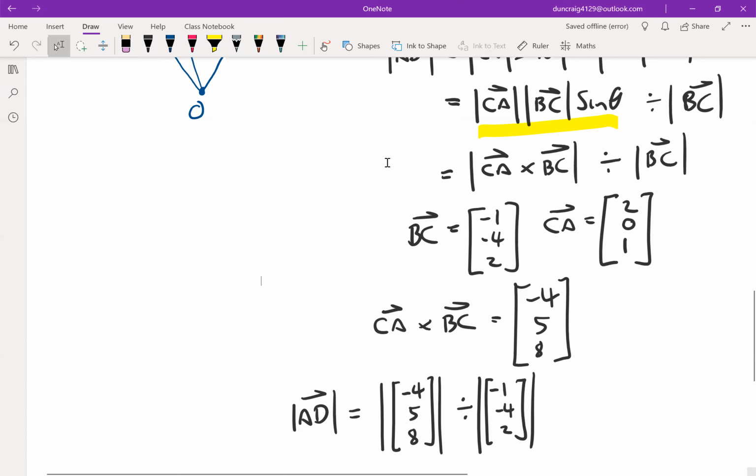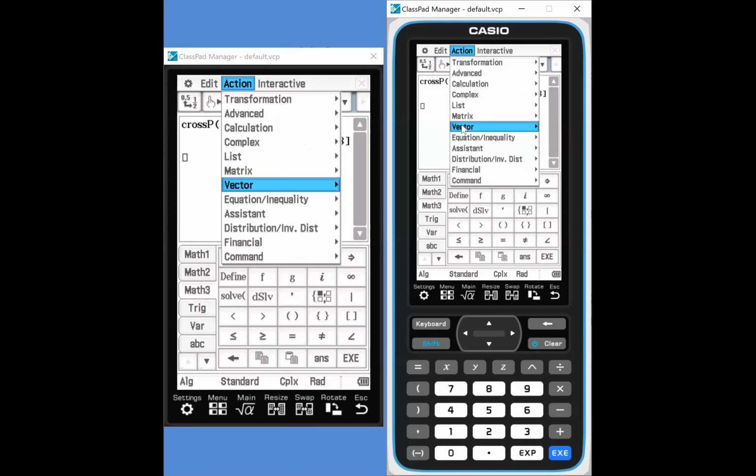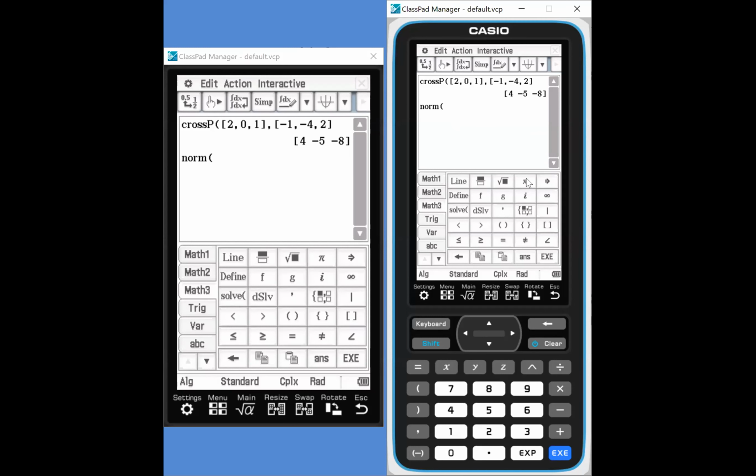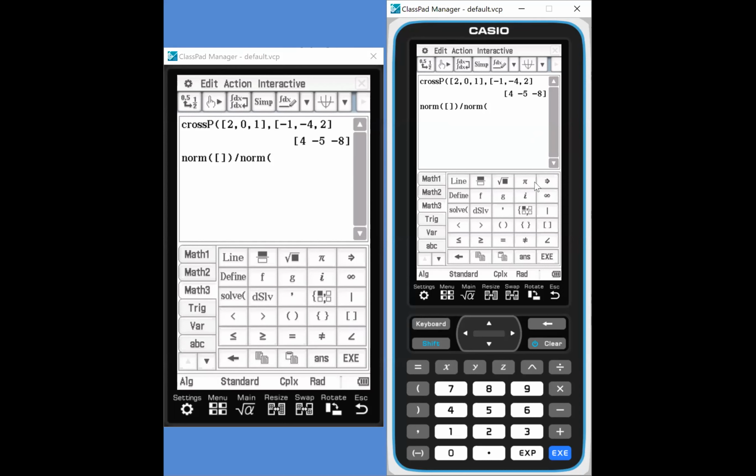So I can come back to the ClassPad and go Action, Vector, norm, divided by Action, Vector, norm.